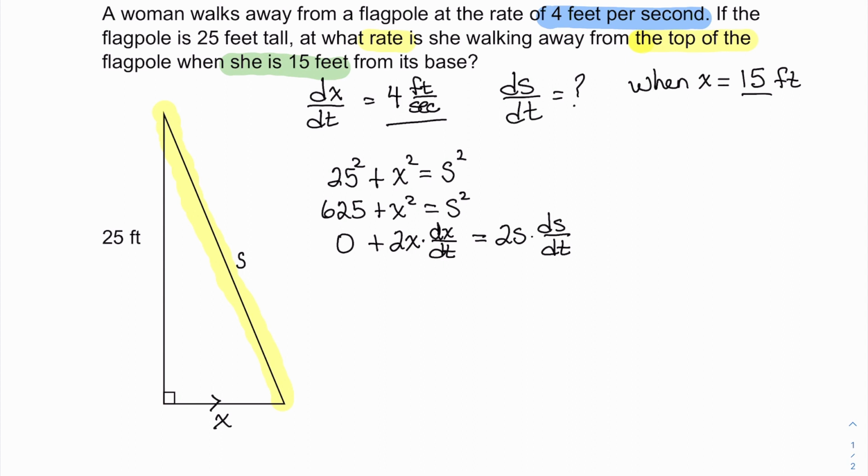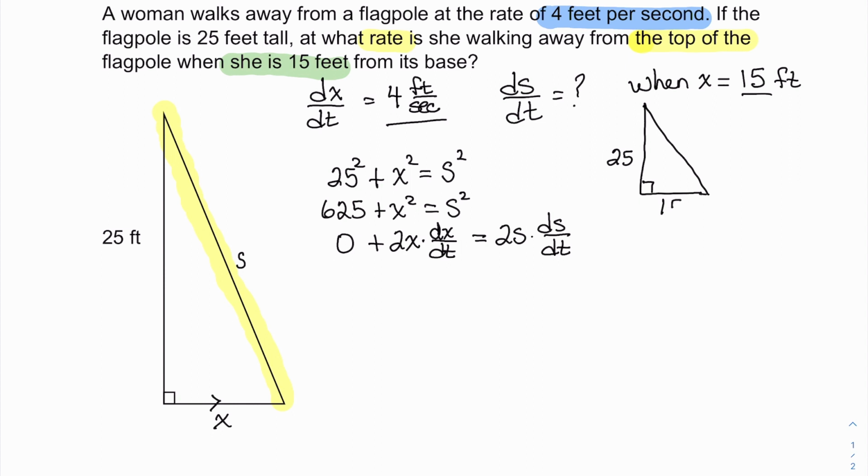So at first glance it looks like maybe we don't have enough information because we don't have our s. But we have to remember that when x is 15, we have that right triangle where I have a 25-foot vertical on my right triangle.